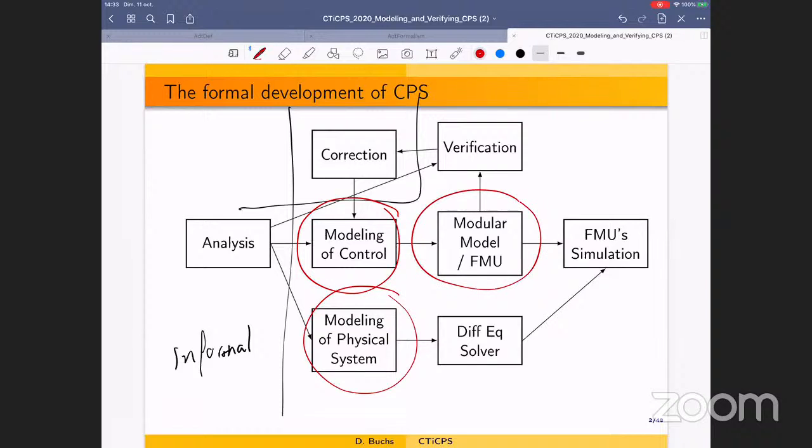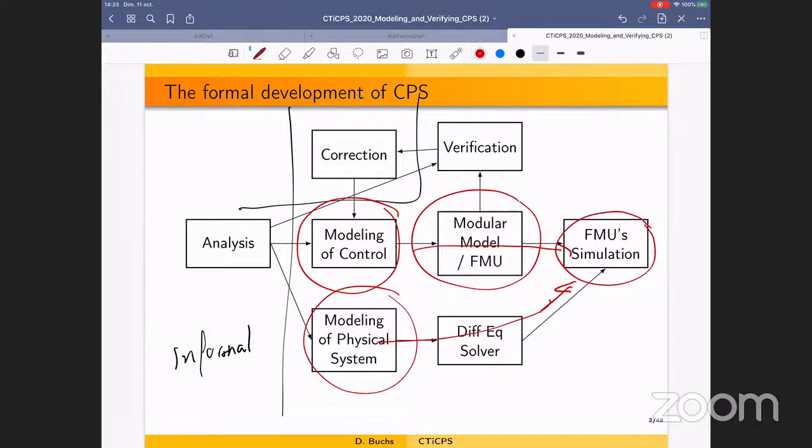And finally, taking both information, we will be able to simulate the systems. And the idea around what we are doing is to be able to produce something that can integrate the physical and the cyber part in order to be able to do simulation.